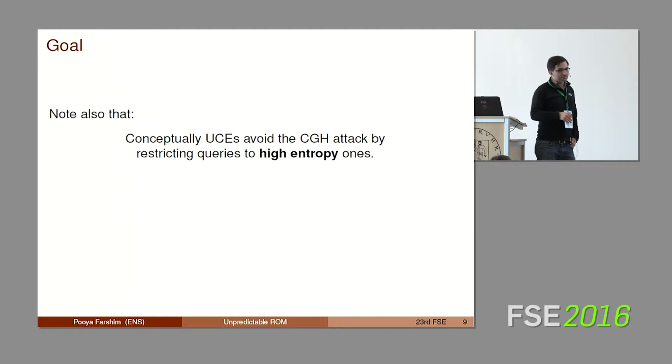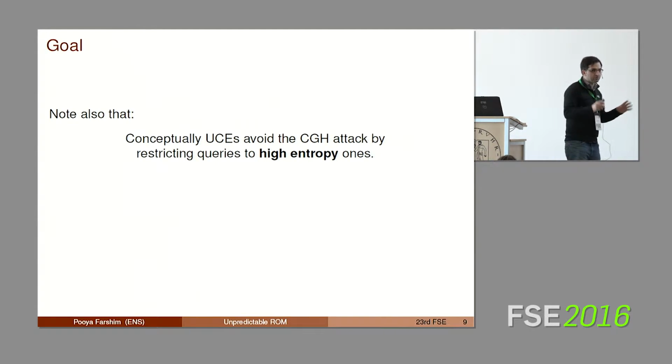But maybe there's another motivation out there, and it's more of a conceptual motivation, and that is that one way to look at UCEs is that they model the security of hash functions by looking at random oracles under unpredictable queries. So the first definition was that we looked at indistinguishability from a random oracle, and the adversary could just query it on any input that it wants.